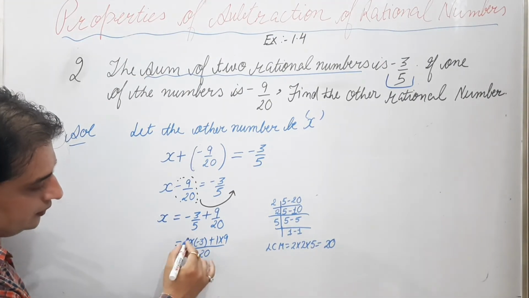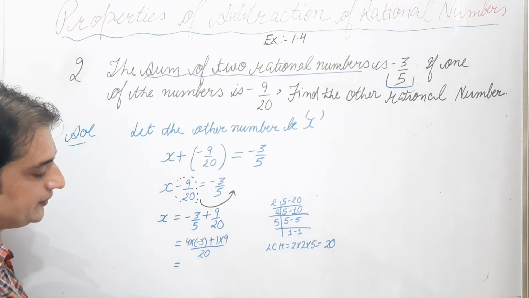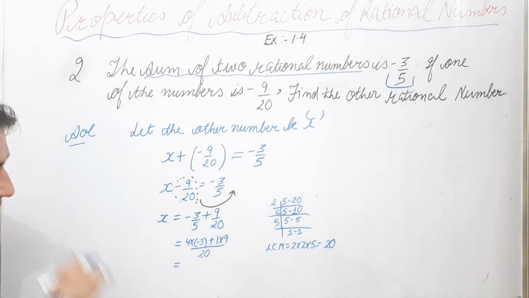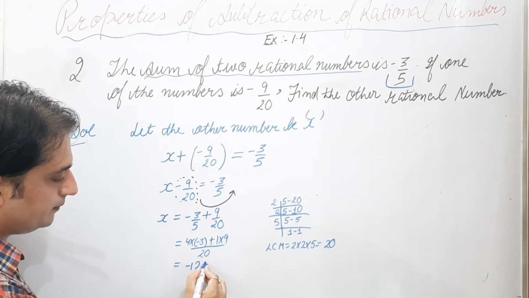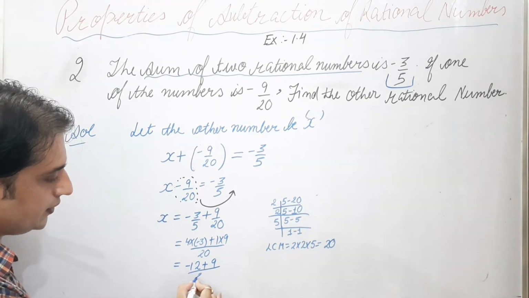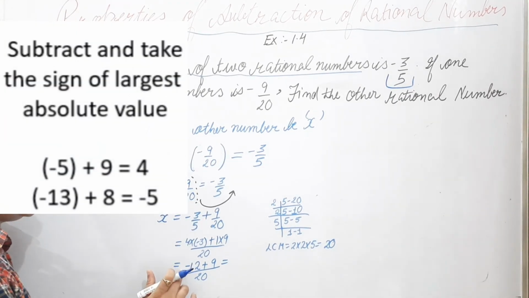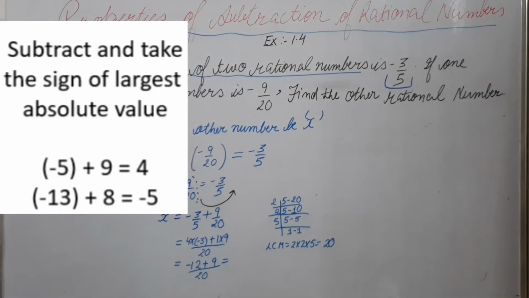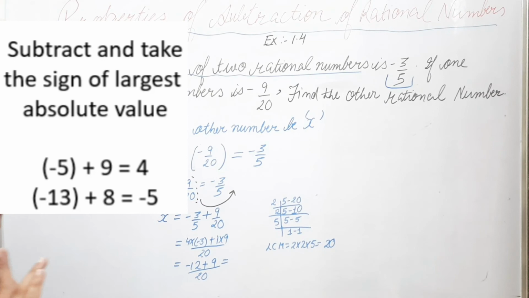So here solve it. 4 multiply 3, the product of opposite sign numbers, is minus 12, plus 9, upon 20. Again, negative number plus positive number, the net result is subtraction. 12 minus 9 is 3.